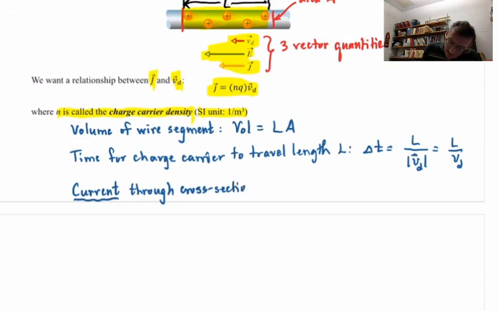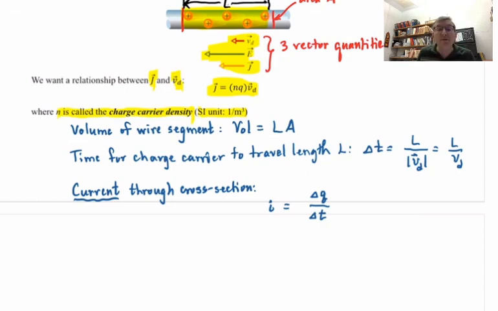I'll think of the one at the left end. Symbol would be I. Well, I'll measure the total amount of charge delta Q passing through in a time delta T. The delta T I'll use is the one I just used up above, L over v sub D, the time for a charge carrier to travel distance L.